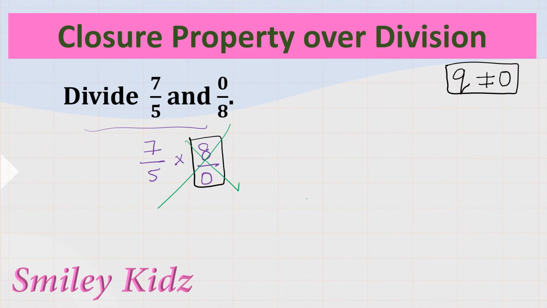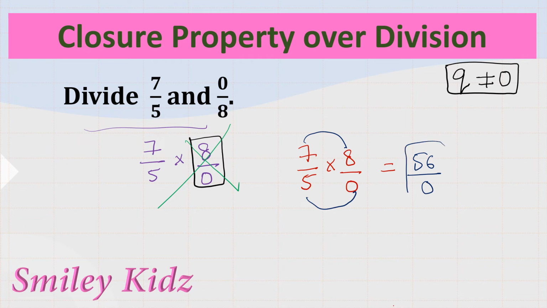So, rational numbers are not closed under division. Even though you multiply these two rational numbers, you will not get a rational number. 7 times 8 is 56 by 5 times 0 is 0. 56 by 0, q should never be equal to 0, so this is not a rational number.